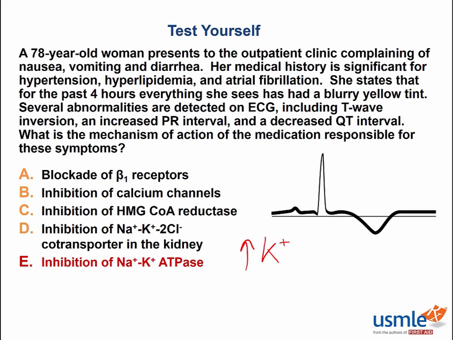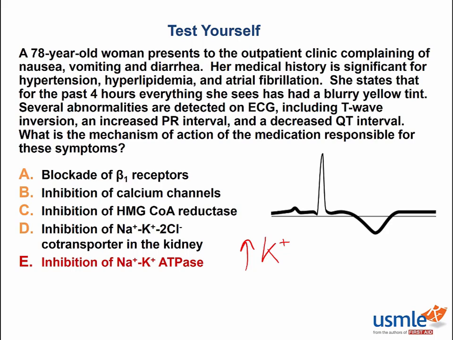All of the side effects listed on here should be making you think digoxin, especially blurry yellow vision and the GI problems. It should be noted, however, that the mechanism by which the inverted T wave occurs due to the hyperkalemia is not well understood, and it is a specific and unique finding to digoxin toxicity.